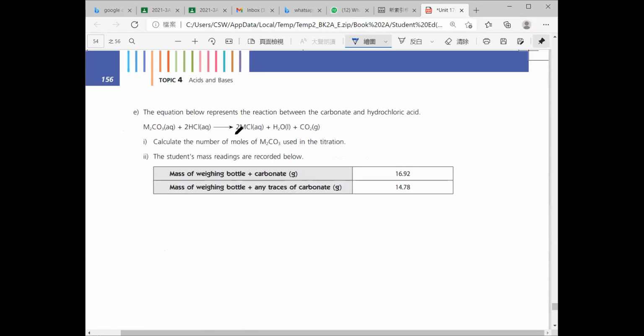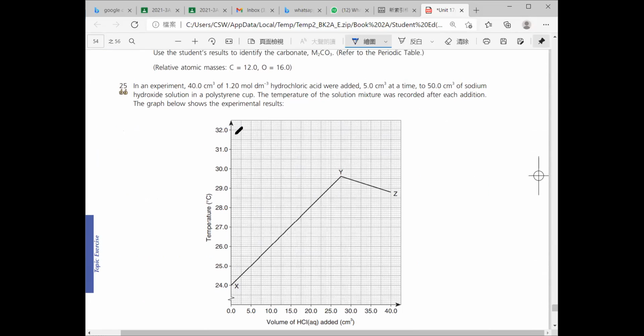The final question, 25, in your book. In an experiment, this one, I would like to show you. This is the third type of pH titration curve. You see this one is very strange. It's temperature.